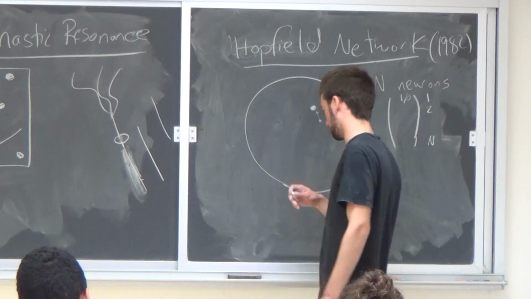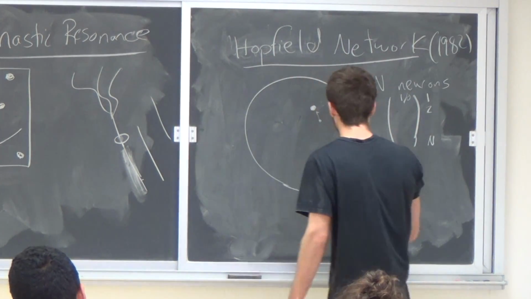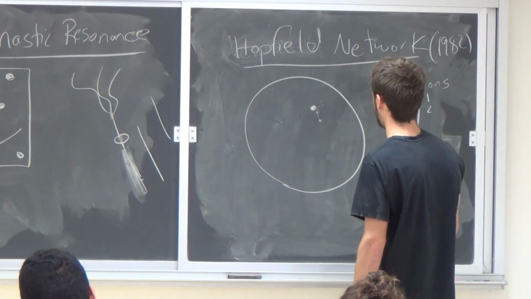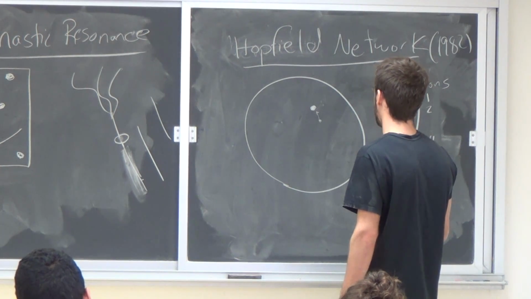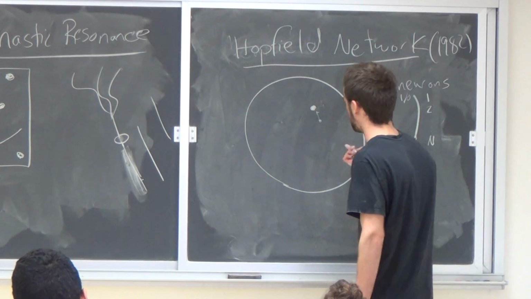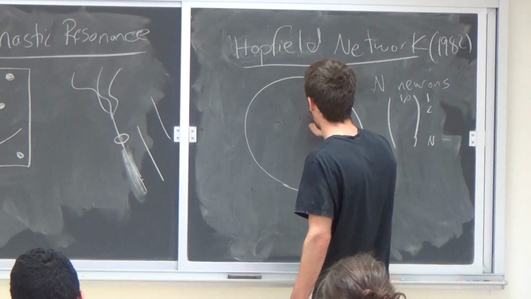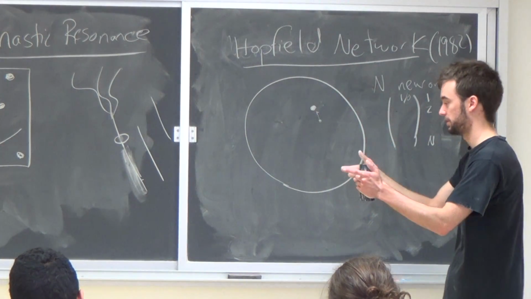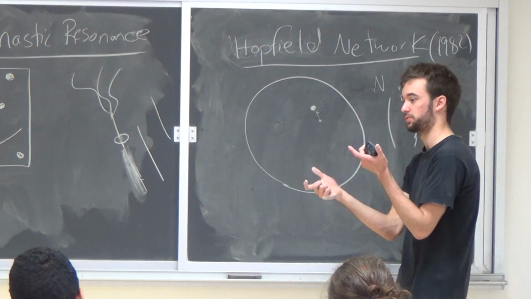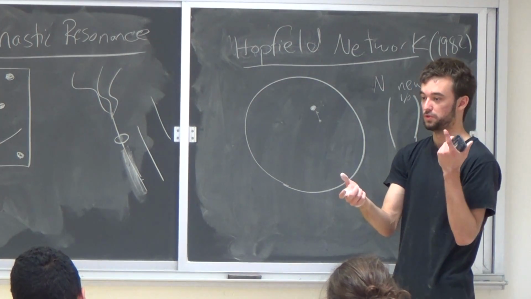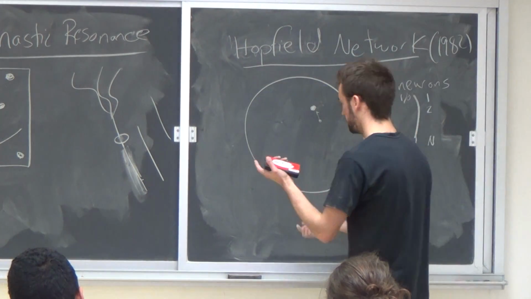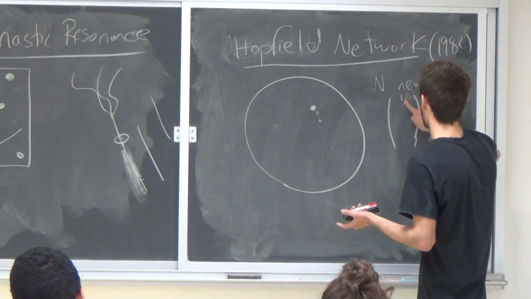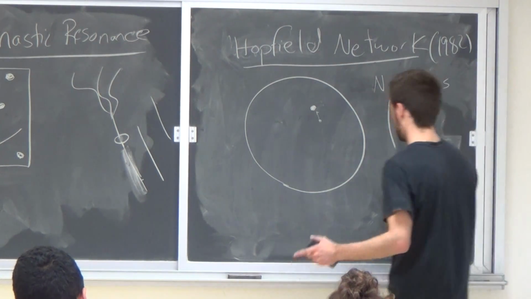And I should say, because I'm not going to go into the math as much, I'll just tell you how you store this memory. The way you store the memory is by adjusting the strength of connection between neurons, and you assign a value of either 1 or -1.